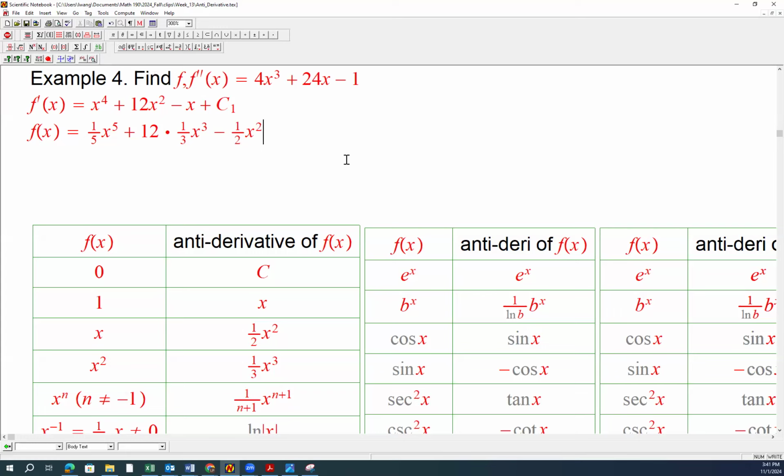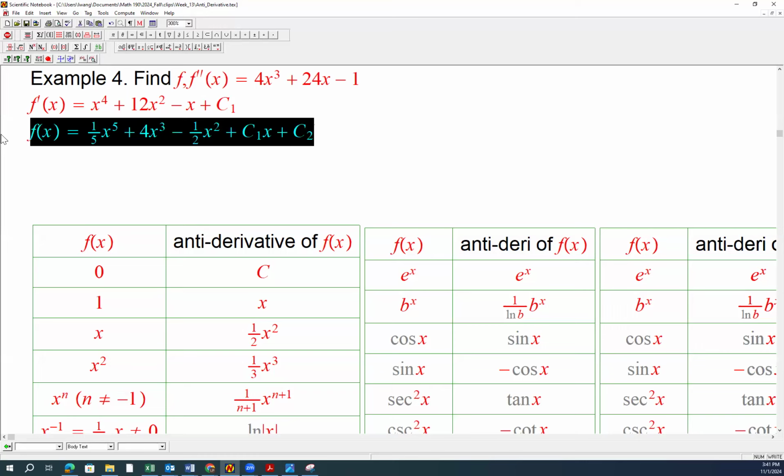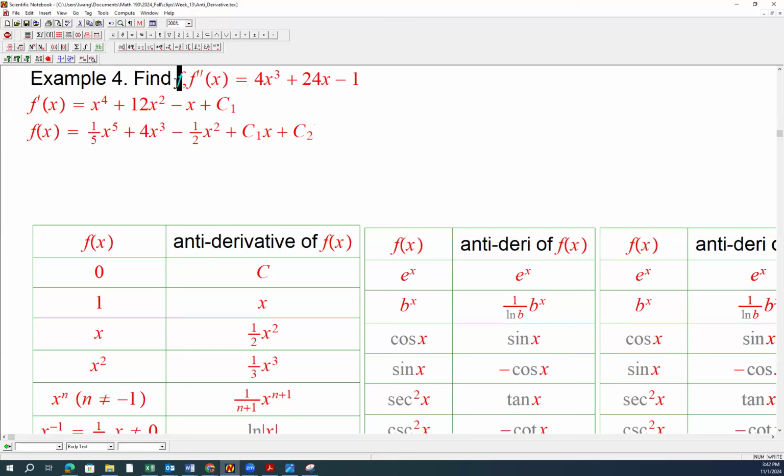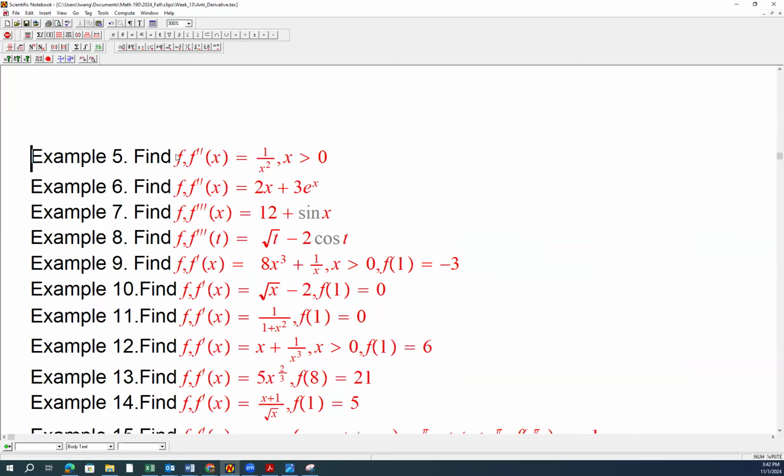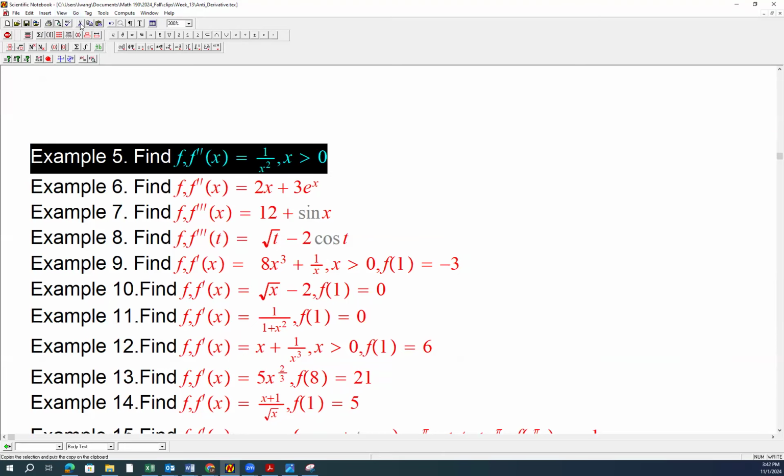Half of x squared plus c1 times x plus c sub 2. Okay, so simplify, this will be 4, and that's the answer to F. Once again, there are many possibilities.